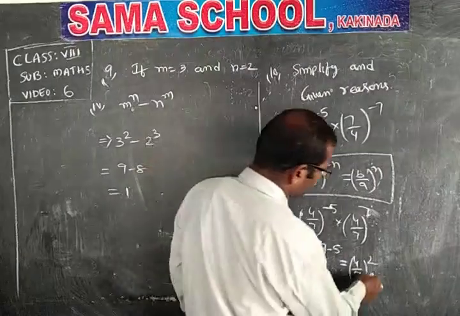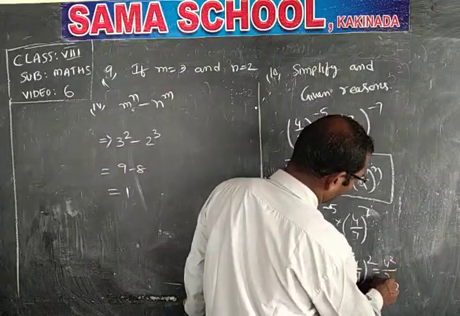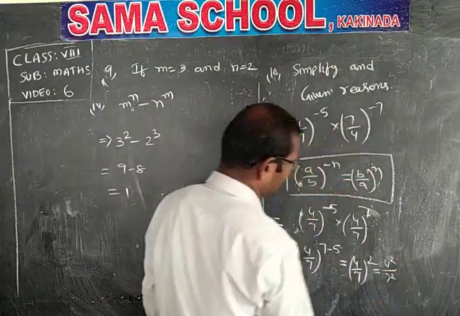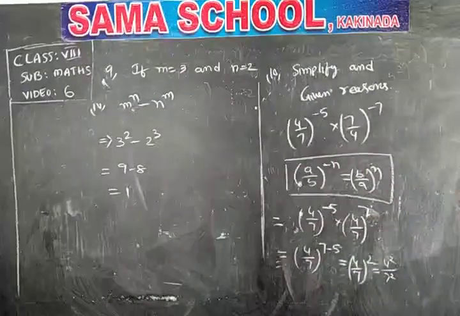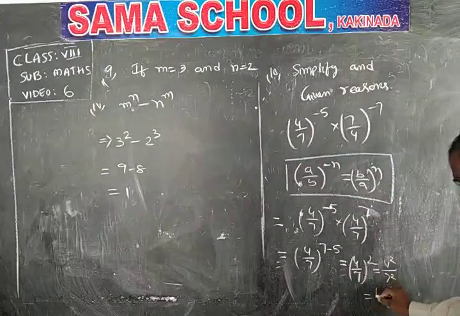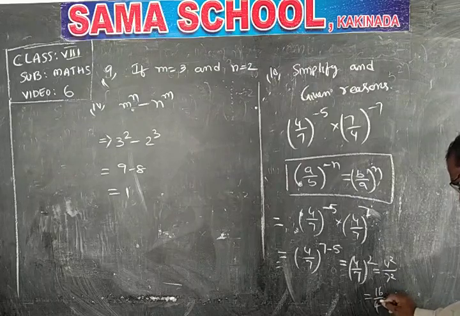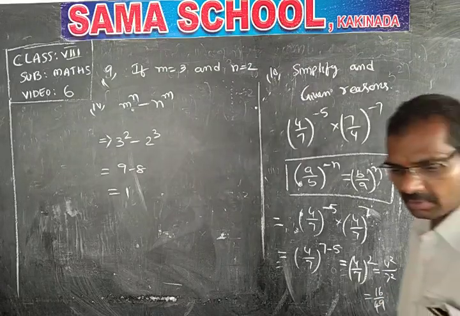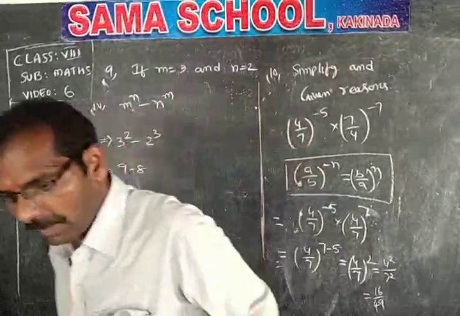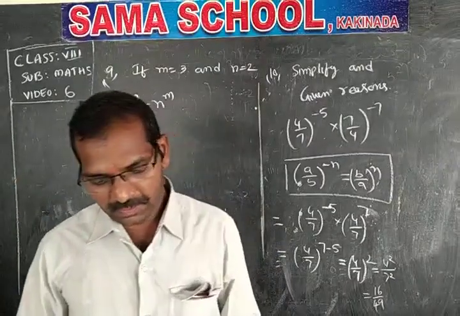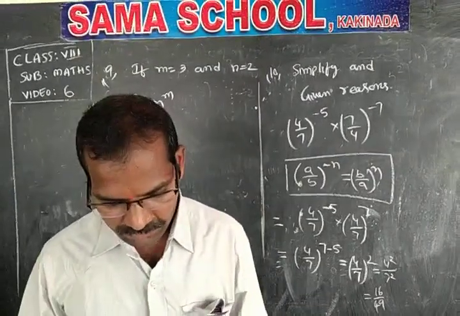That means you can write as 4 square by 7 square. That means 16 by 49. So like that we completed the exercise successfully.